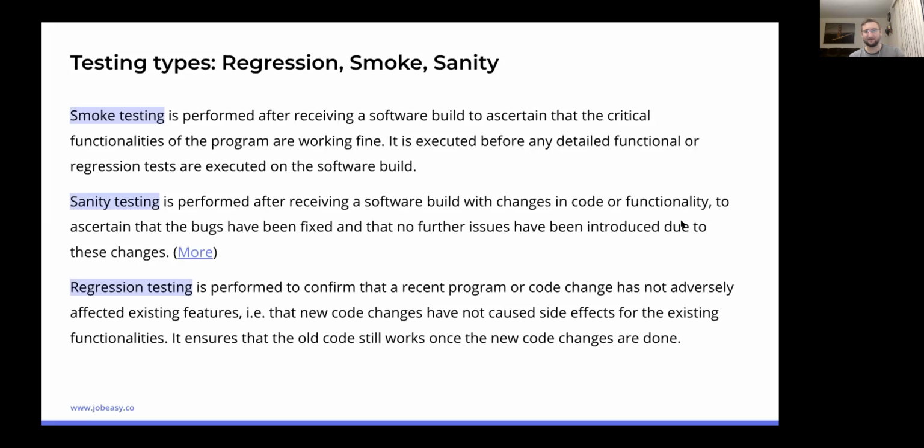Is regression under functional testing? It depends. If the code change would address the performance of a website or the speed of how things load, then it's not going to be under functional requirements, because it would require us to measure how fast the website loads.